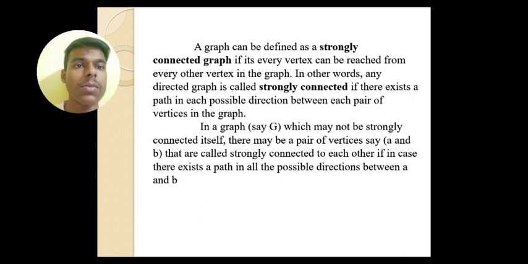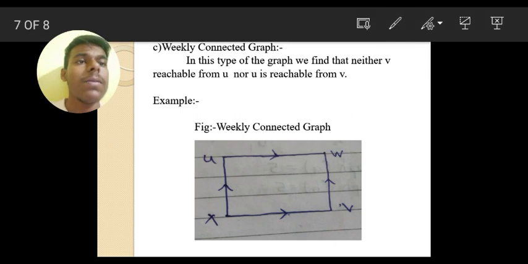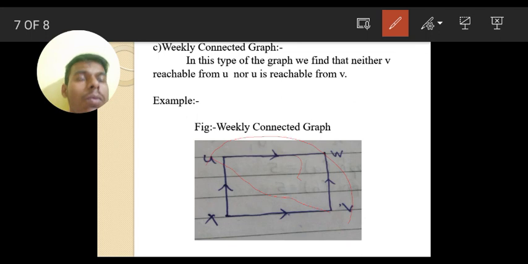The next type of connectedness is the weakly connected graph. In a weakly connected graph, neither V is reachable from U nor U is reachable from V. We consider the pair U and V. U is not reachable from V and V is not reachable from U. That is, there is no path from U to V and no path from V to U. So we cannot say that this is unilaterally or strongly connected.